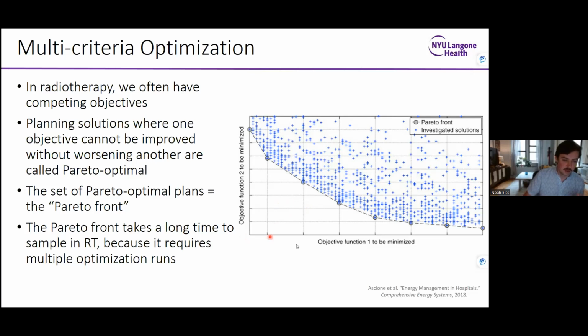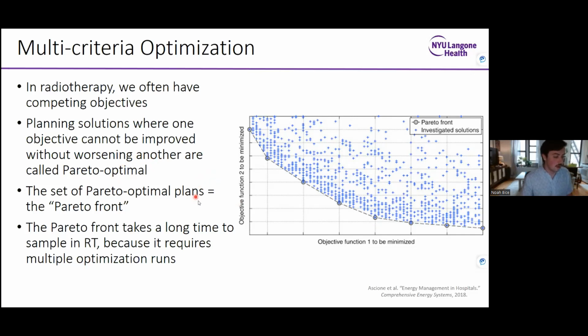So we have two competing optimization objectives, and there's a point at which you can't improve one objective without worsening another. Just so that everybody's comfortable with the terminology, planning solutions where one objective can't be improved without worsening another one are called Pareto optimal, and the set of Pareto optimal plans is called the Pareto front.